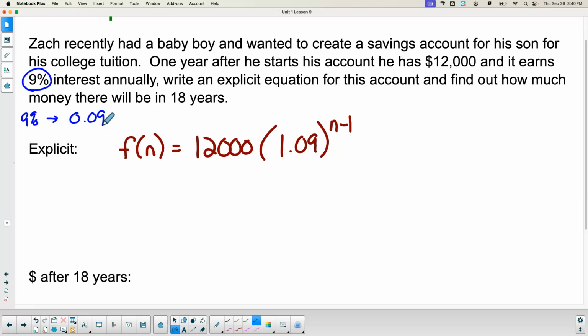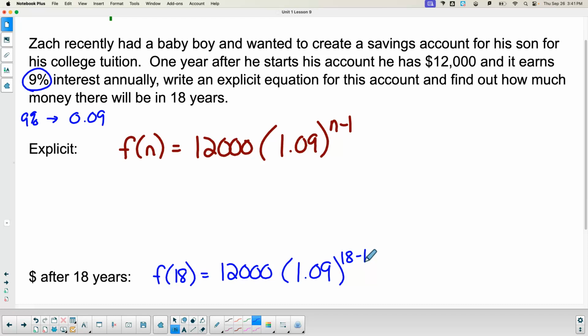That interest in the bank is working for you, adding to your account, so that's why it's above 1, not below 1. Then you want to find what's happening in the 18th year. So that's 12,000 times 1.09 to the 18 minus 1 power.